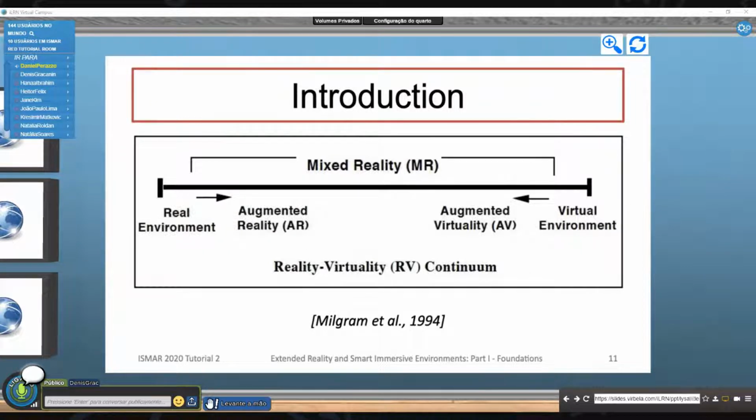We have augmented reality, where we augment the real world or real environment with computer-generated objects and constructs, or we can have augmented virtuality, where we augment the virtual environment with video feed from the physical world, and anything in between. So therefore, that is the more encompassing concept of mixed reality.